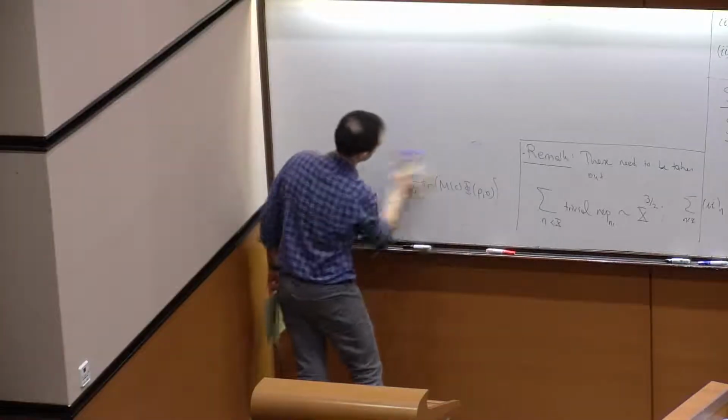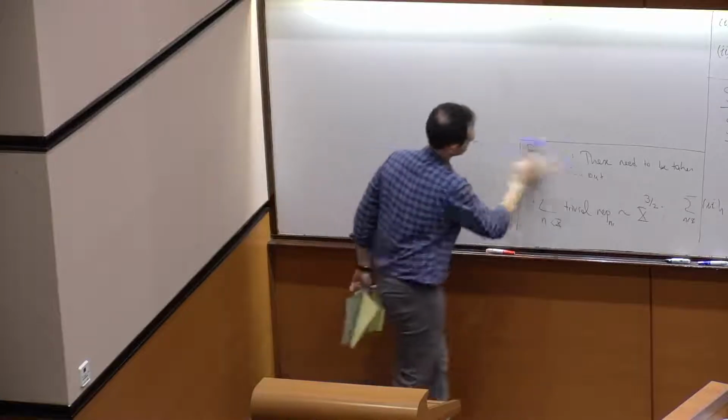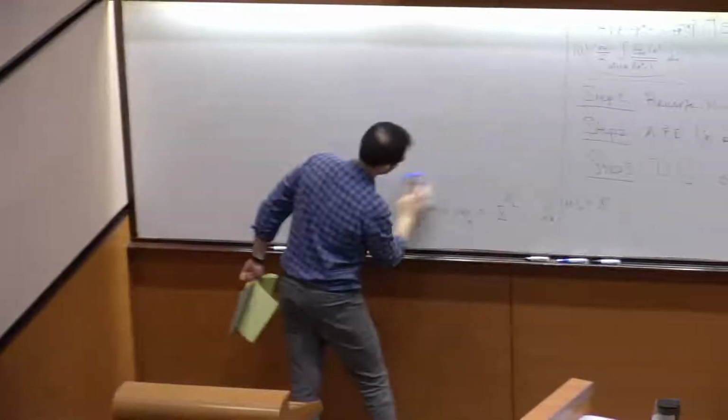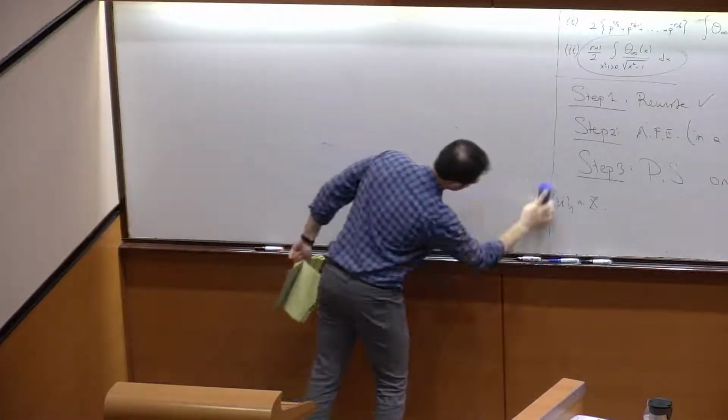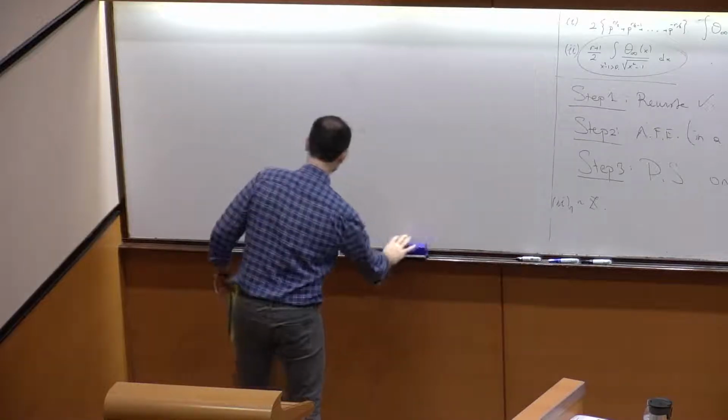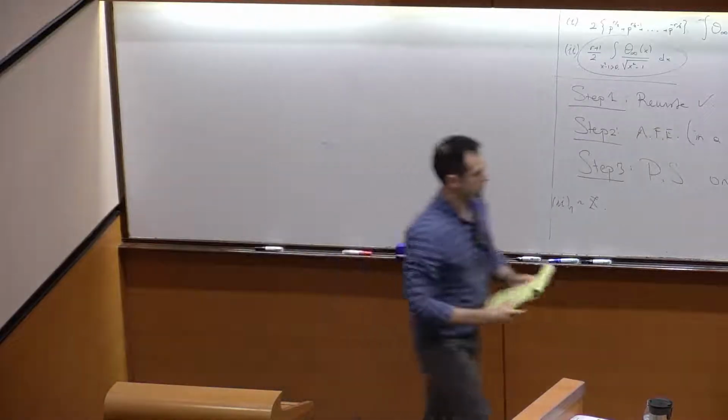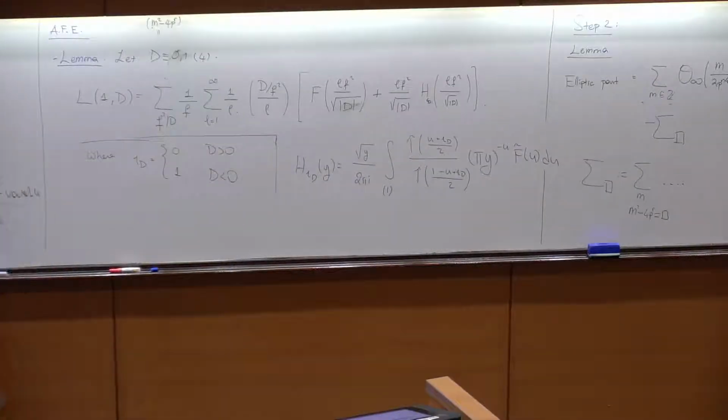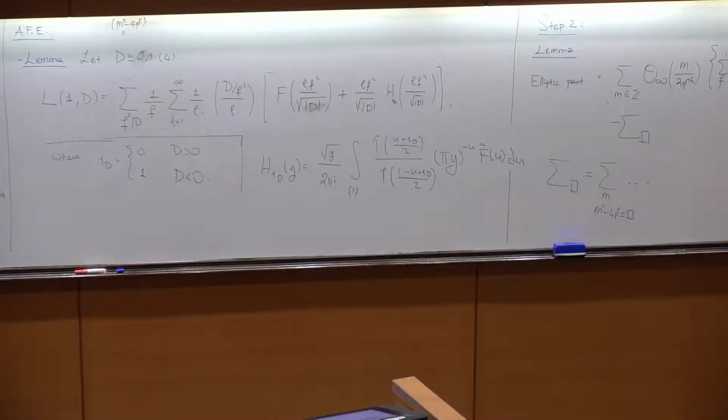So step 3 is now within reach. We can do straightforward Poisson summation on the m sum. m is the trace variable. Once again, I'll emphasize this at the end when we generalize this. So step 3, Poisson summation.